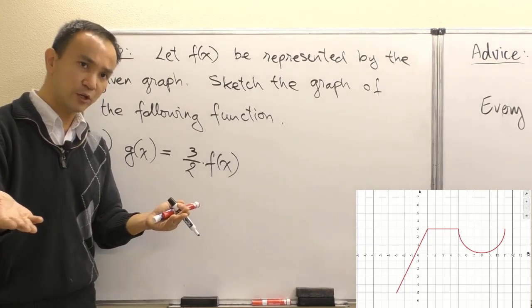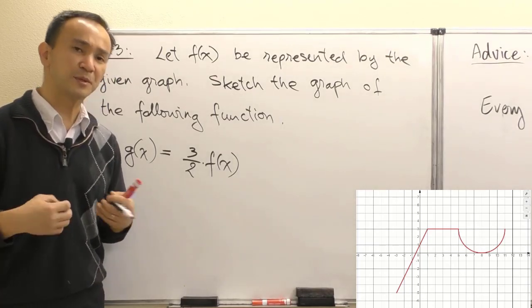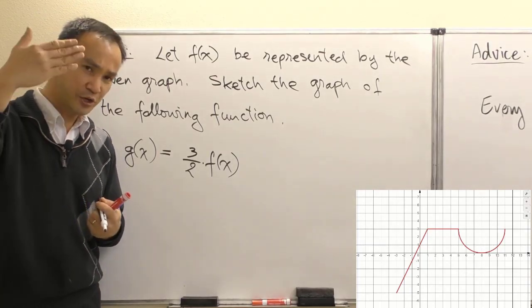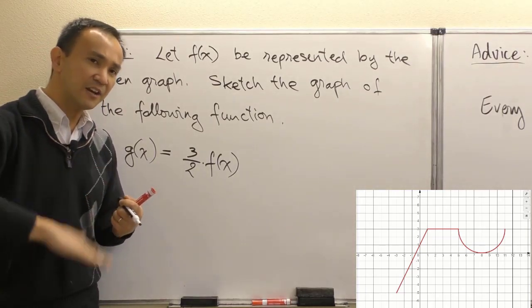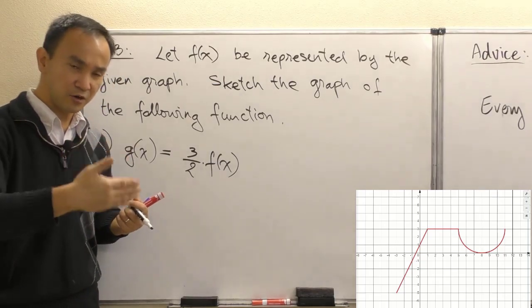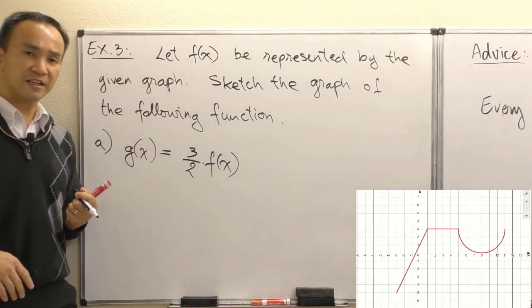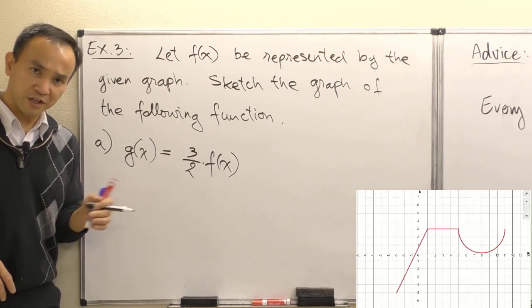But then specifically, is that a vertical stretch or a vertical compression? Is it a vertical stretch and flipped, or a vertical compression and flipped? We're going to find out.